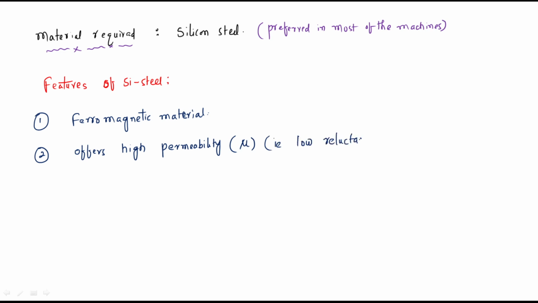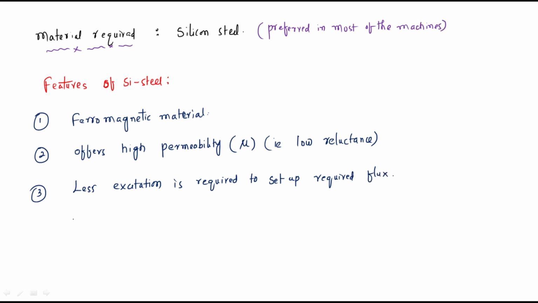If the value of reluctance is very less, obviously the flux path is very high, right? And for this type of material less excitation is required to set up flux. This is the third one.